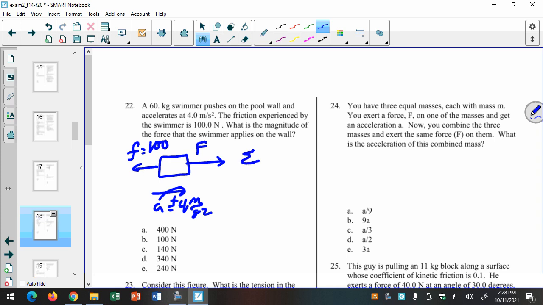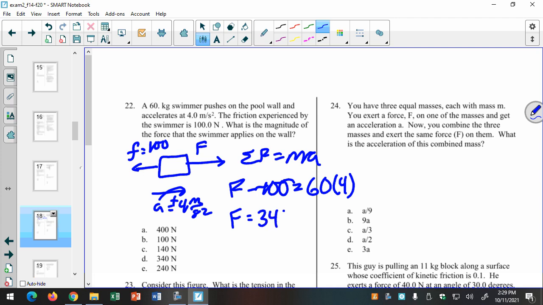And I say the sum of the forces equals ma. That's F minus 100 equals her mass, which is 60, times 4. So F is equal to 240 plus 100, which is 340 newtons.